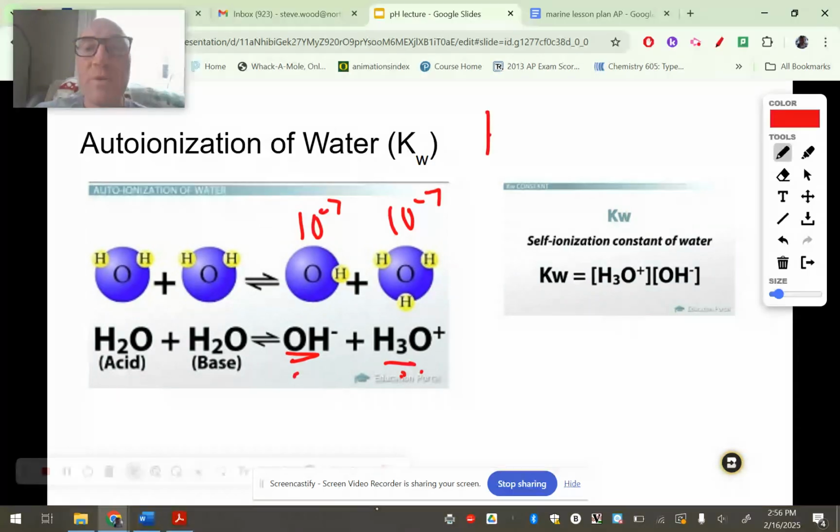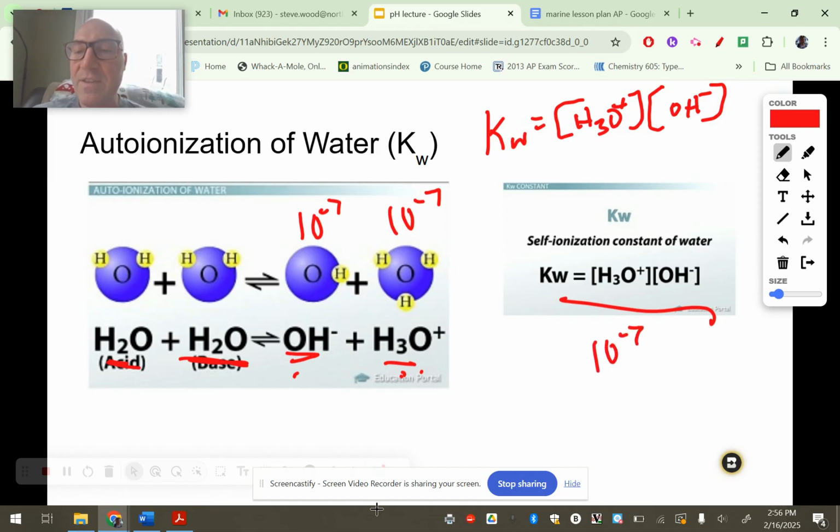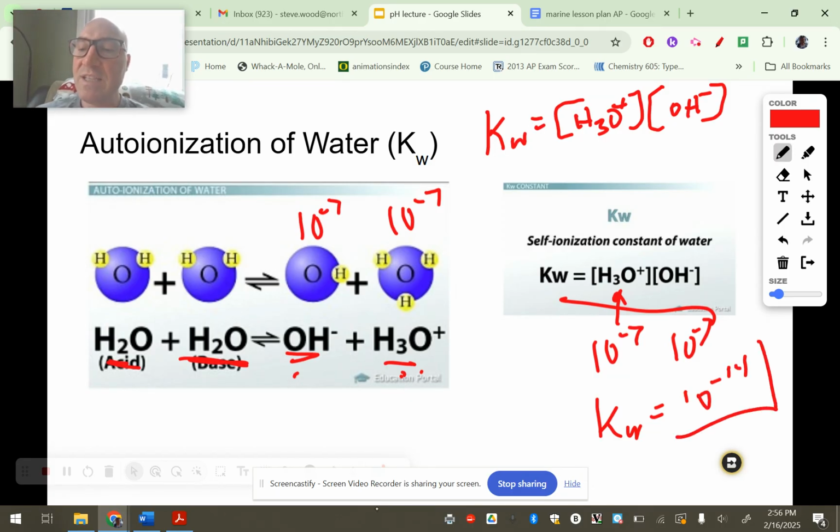And Kw is just the products, H3O plus and OH minus, over reactants, but you can see that the reactants are just liquids, so they're not included. So it's just products over 1, basically. And if this is 10 to the negative 7th for the H3O plus, and this is 10 to the negative 7th, then Kw is, if you multiply exponents, you just add them, so 10 to the negative 14th. And this constant is kind of important.